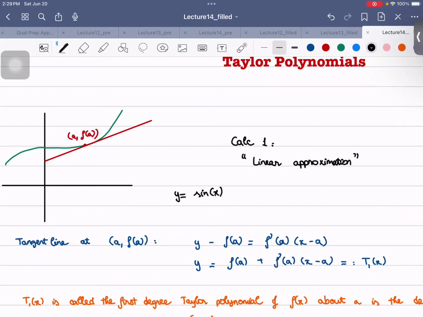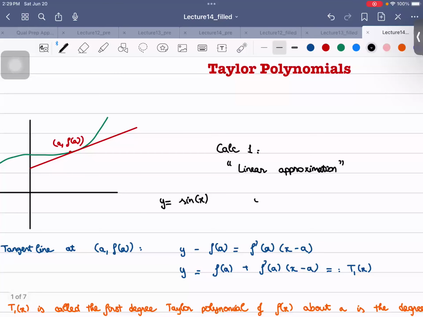If somebody asks you what is the output of the function at x equal to 0, then you can just simply plug in 0. You have psi of 0 equal to 0. But what if somebody asks what is the output of the function at x equal to 0.1? Then you have to find psi of 0.1.